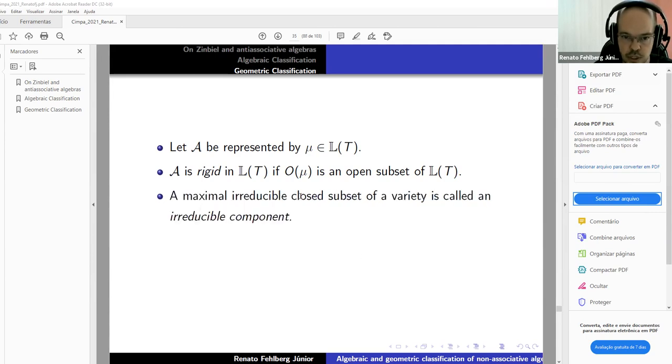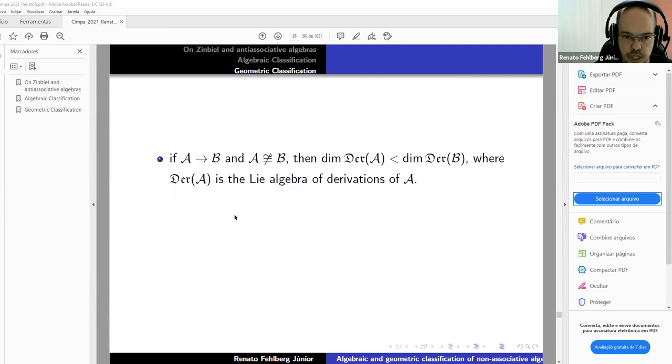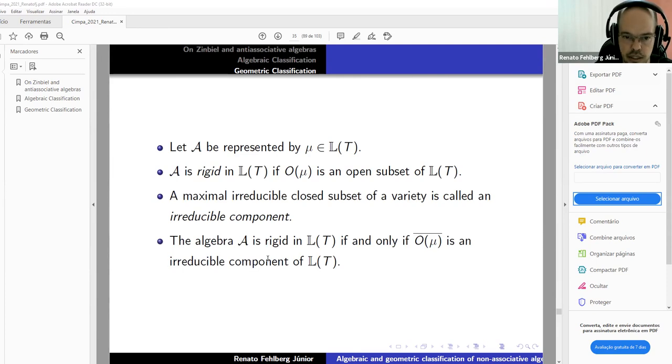A maximal irreducible closed subset of a variety is an irreducible component. It's known that the algebra A is rigid in the set if and only if this closure is an irreducible component of LT.